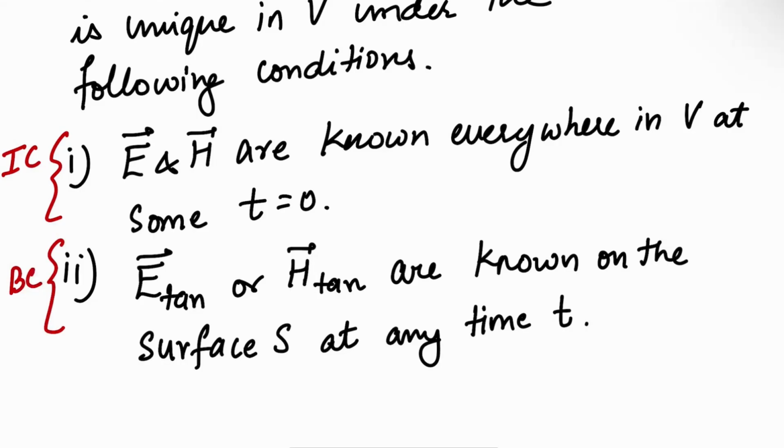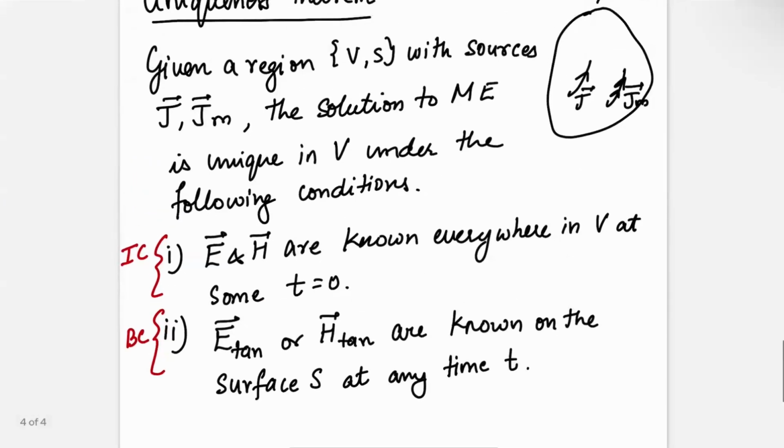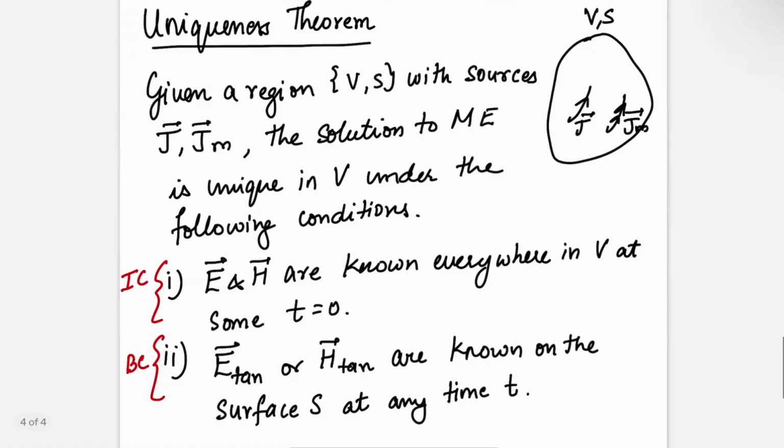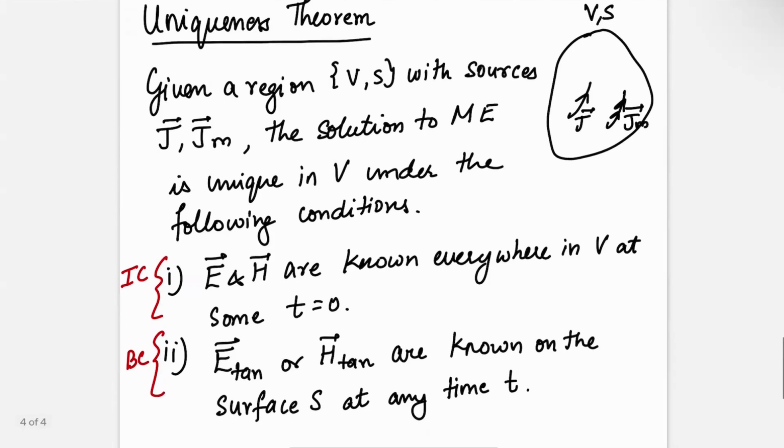Okay, so what do I mean by known? So what we're trying to establish is that you have some sources and you have some volume. We're trying to say, okay, given a set of sources, how many solutions can exist in that medium? Okay, and we're saying that, given a set of sources, you can only have one solution in this medium. And that is under the conditions that at some time t equal to 0, you knew what the fields were everywhere.